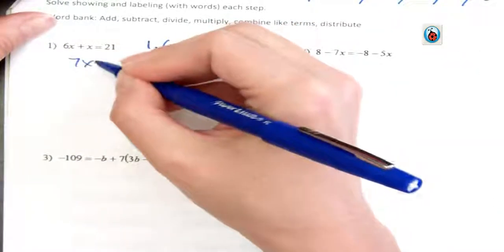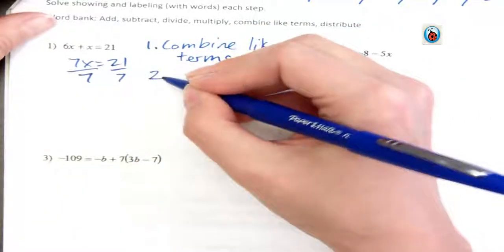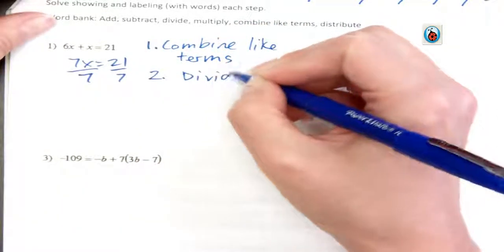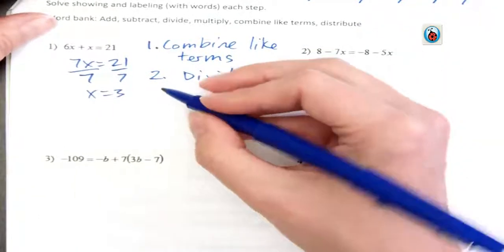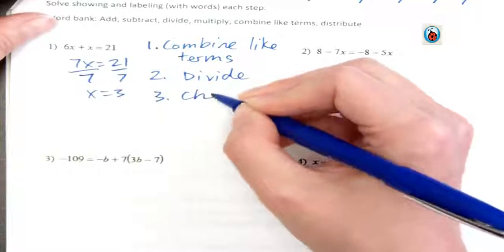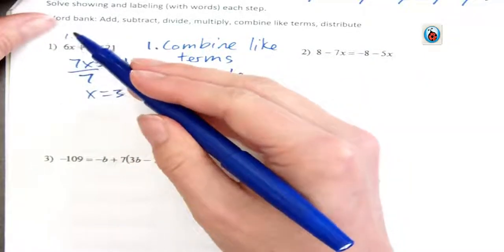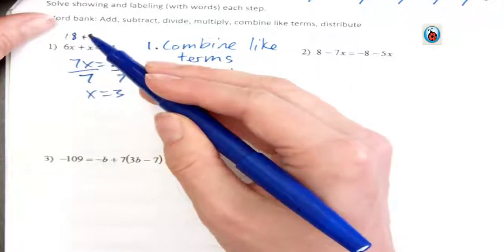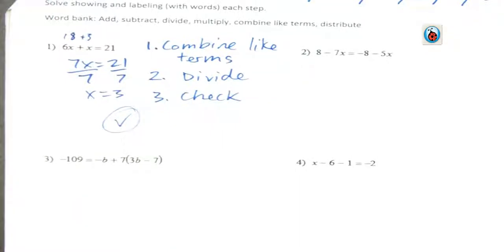To get 7x equals 21, and then divide. To get x equals 3, and then check. So that would give us 18 plus 3, and yes, it equals 21. Okay, so that's the format if you're a little mixed up.